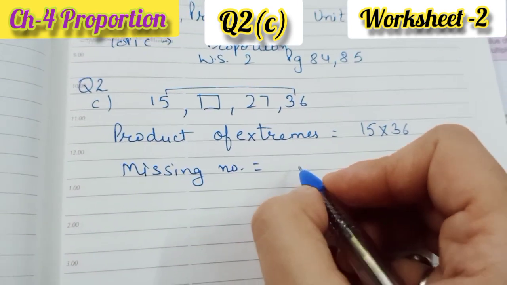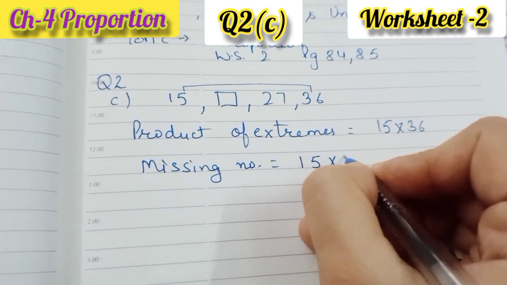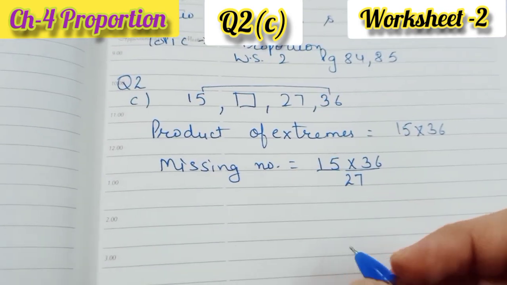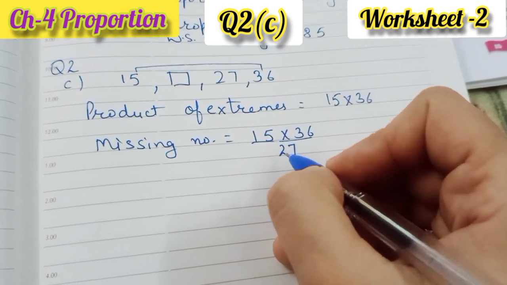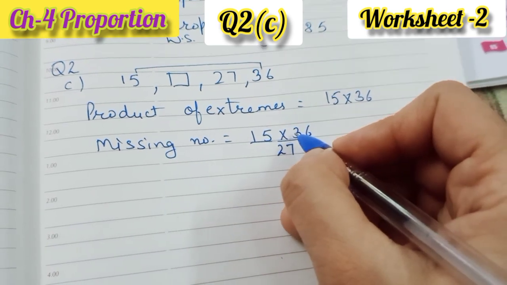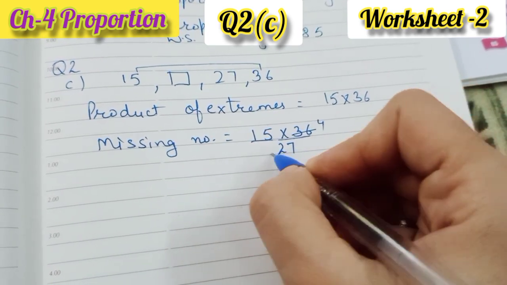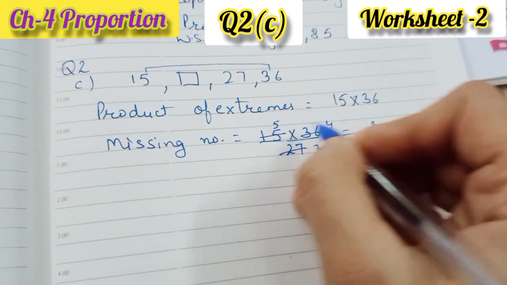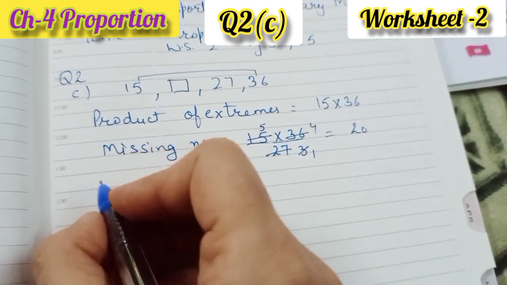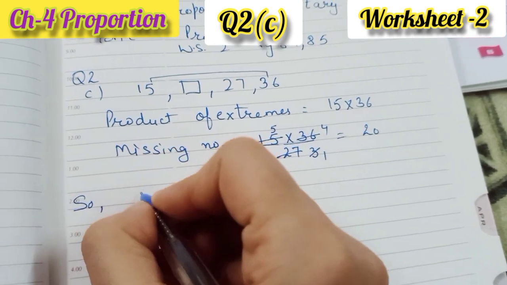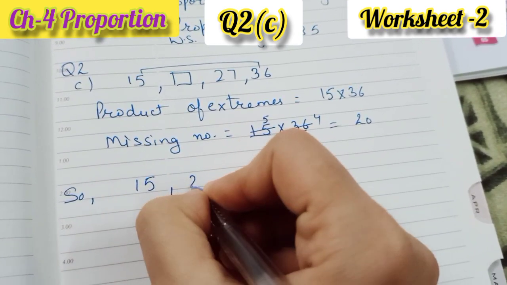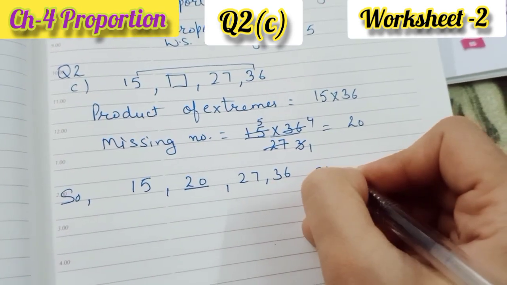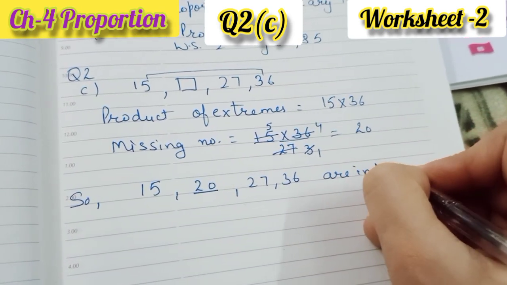So divide the product of extremes by the one given mean. So we can find 9 4s are 36, 9 3s are 27, 3 1s are 3, 5 4s are 20. So the missing number is 20. So we can write 15, then 20, 27 and 36. They are in proportion.